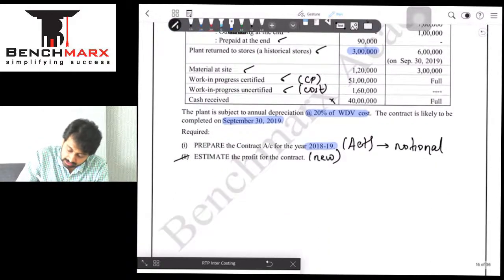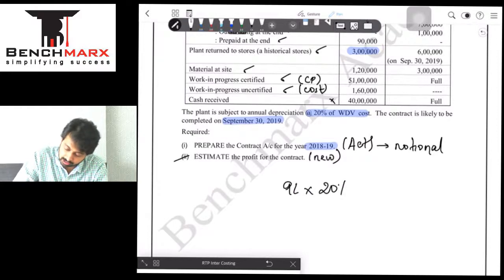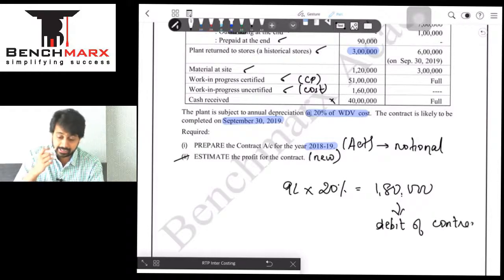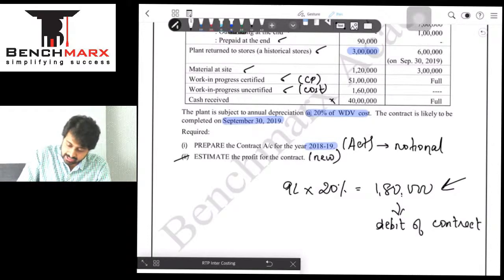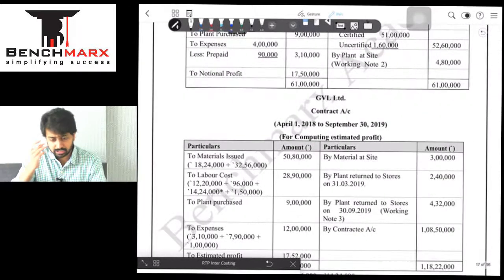Poora saal, that is 9 lakhs into 20% ka depreciation, that is 1,80,000. This should eventually go to the debit of the contract account. Theek hai. So 1,80,000 is my depreciation. This should go as a cost in my contract account. What the ICI has done, they have done the cost and WDV ka effect.